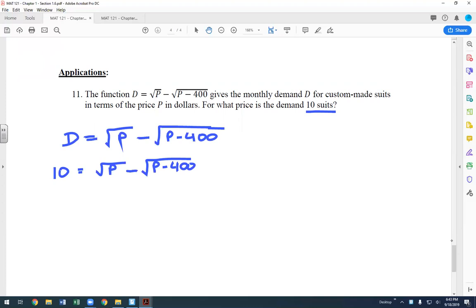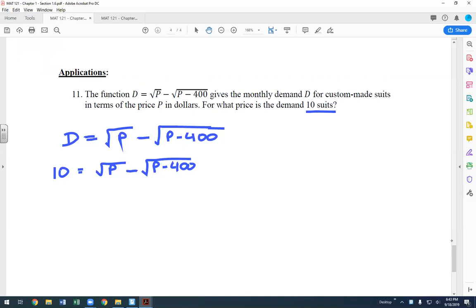What do we do? Set it to 0. First, you square both sides. This is actually the one you're not going to see on your test, like number 4 from the handout. The evil one.